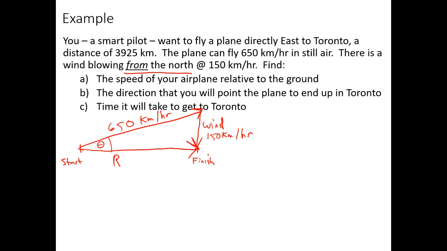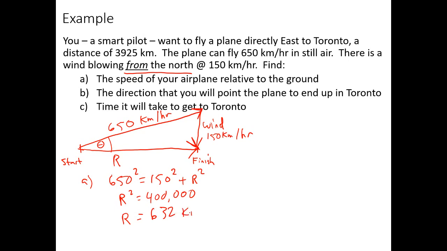The speed of your airplane relative to the ground, or your ground speed, is going to be this R value. So in part A, we'll apply the Pythagorean theorem. We'll say that 650 squared, which is our hypotenuse, is going to be 150 squared plus our R squared. If we work through some math, we get R squared is equal to 400,000, or R is equal to 632 kilometers per hour.